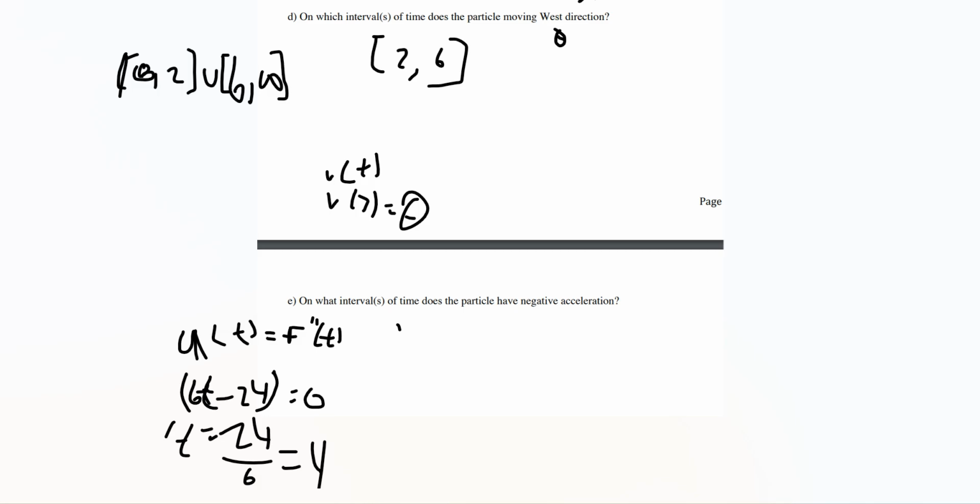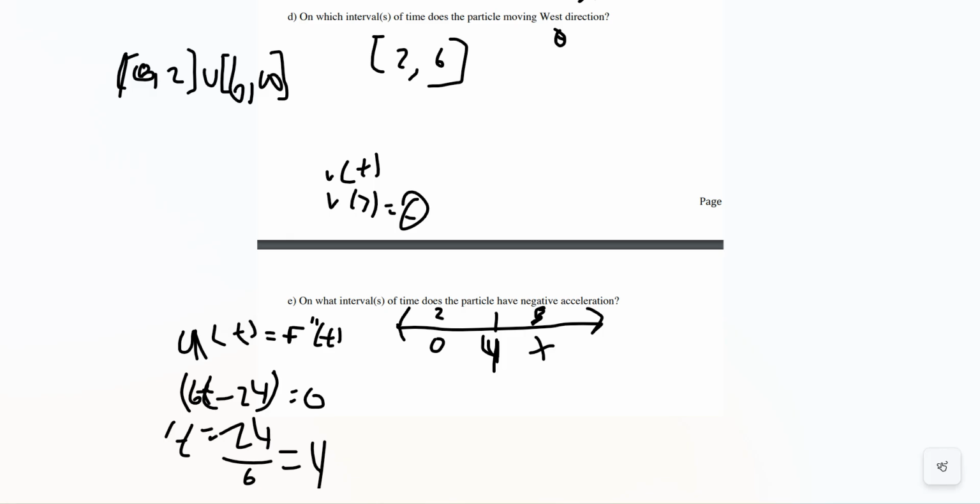So let's put this on the line graph. We have a 0 at 4. And just looking at the function, when t is 2 and when t is, let's do 5, 6 times 5 is 30, so 30 minus 24 is going to be positive.